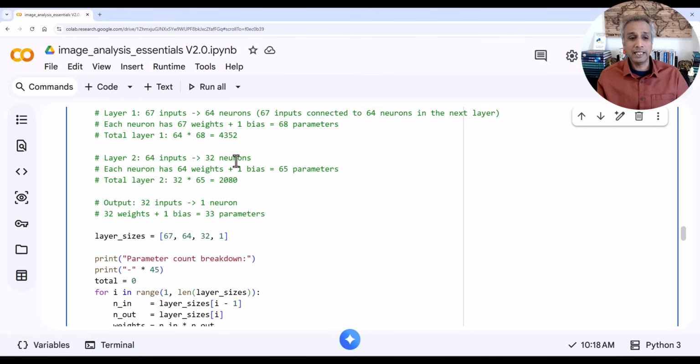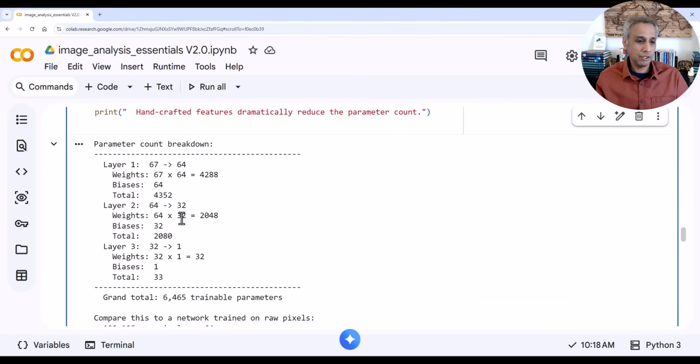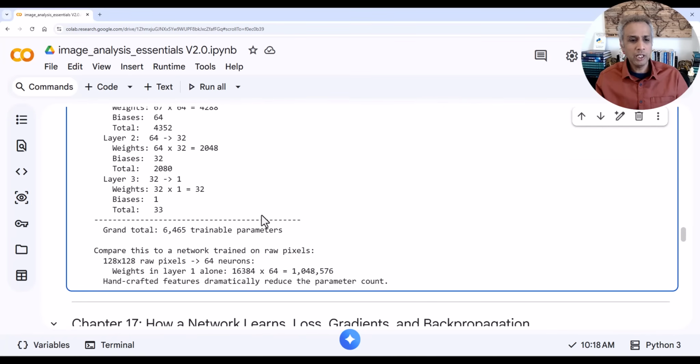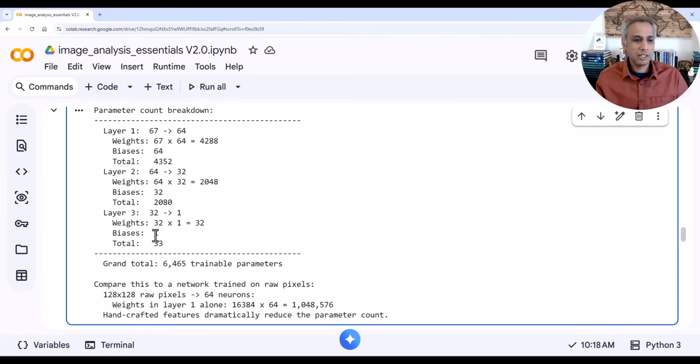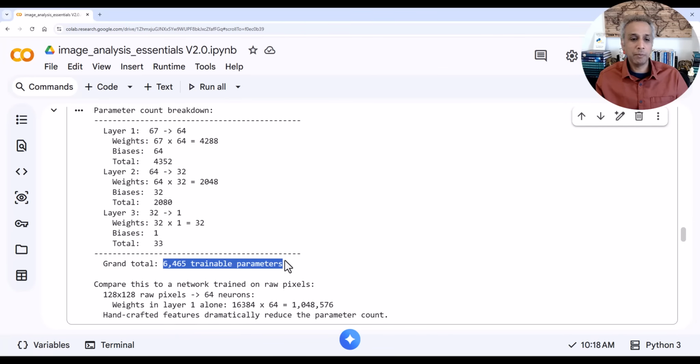That's basically it. So here is just a visualization or just a quick calculation of what I just mentioned. So when you do this, you end up with the total of 6,465 trainable parameters, meaning that many parameters that we need to train and embed in our model.